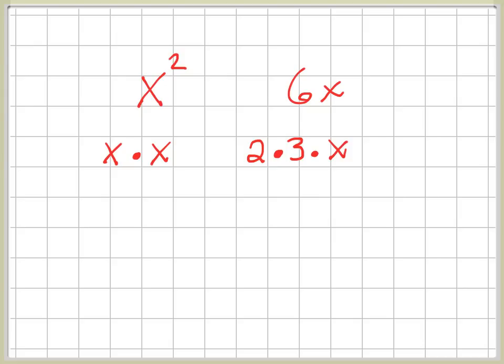To find the least common multiple, I take the match, wherever there's a match. So I have x and x, and I use that once.